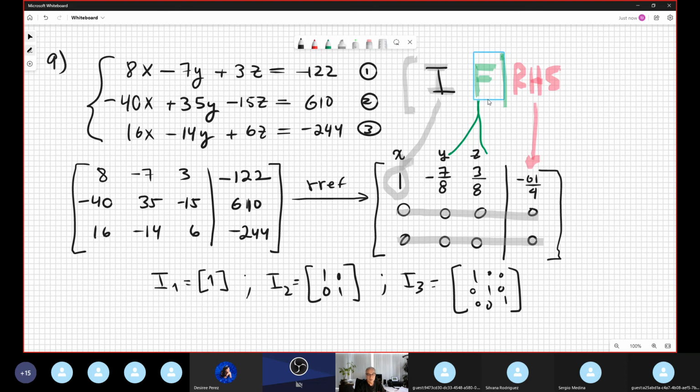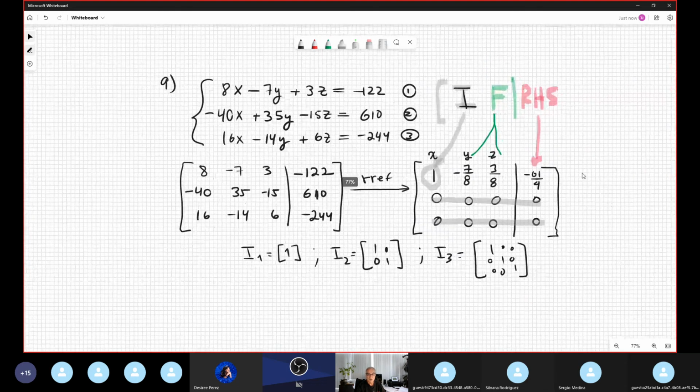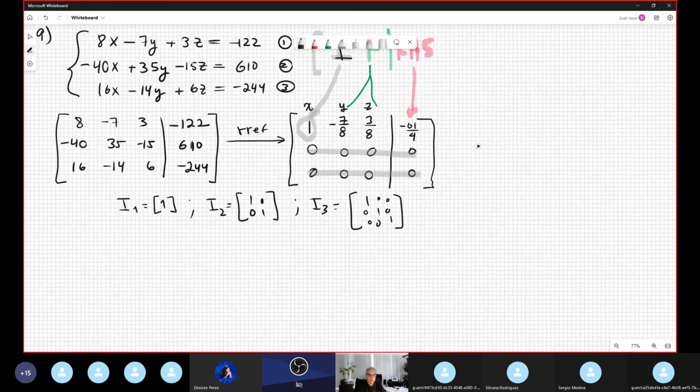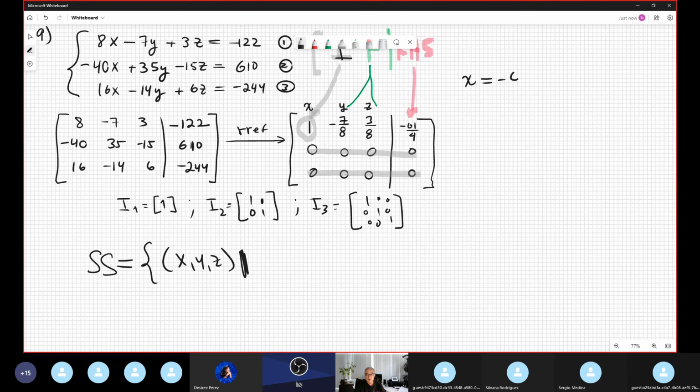But how do you write the final answer? It's easy. The solution set is the points (x, y, z) in 3-dimensional space, because we have 3 variables, such that you express the last equation as a function: x is equal to negative 61 over 4, plus 7 over 8 y, minus 3 over 8 z.